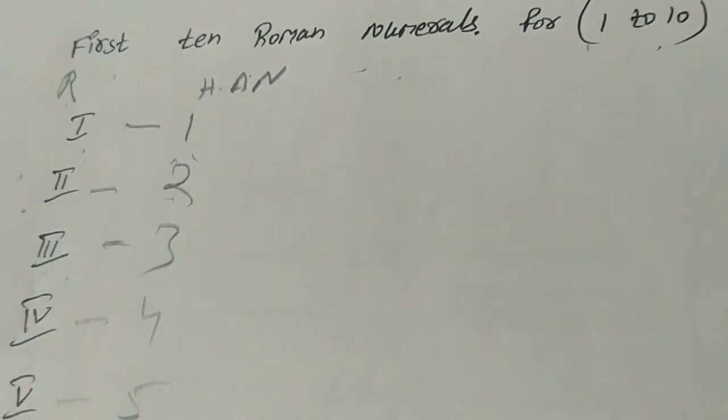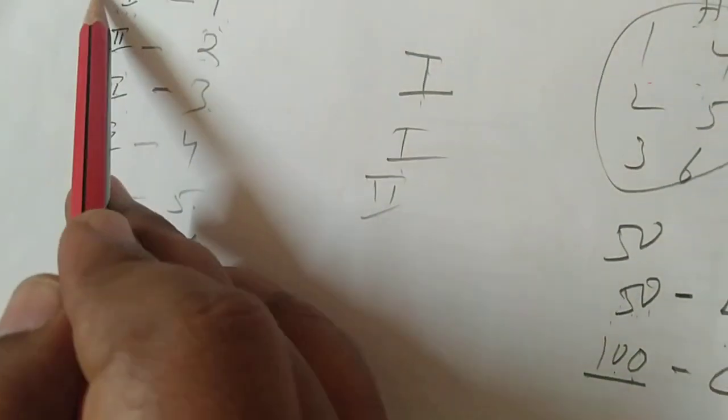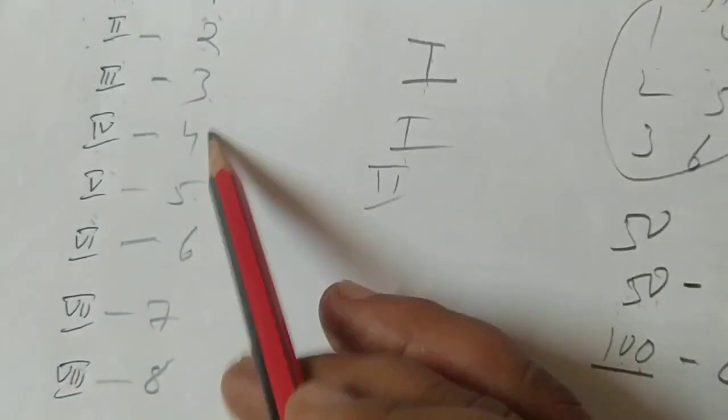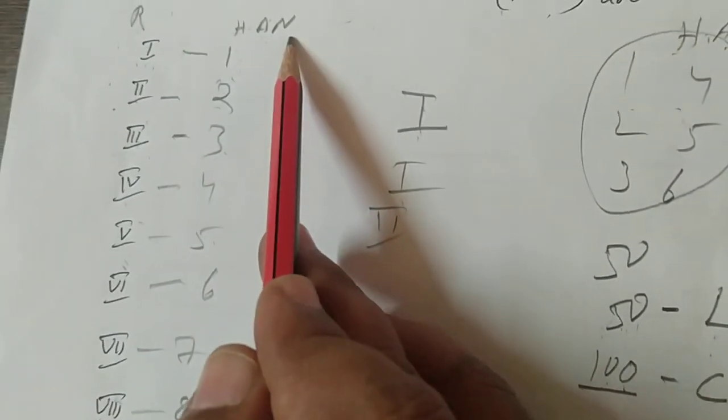Romans are represented in English alphabets, and this one is represented as Hindu Arabic. Actually, you need not keep a bar like this also; it is nothing but I. You can represent 1 as I like this. This kind of alphabets are called Roman numerals, and 1, 2, 3, 4 are the Hindu Arabic numerals.